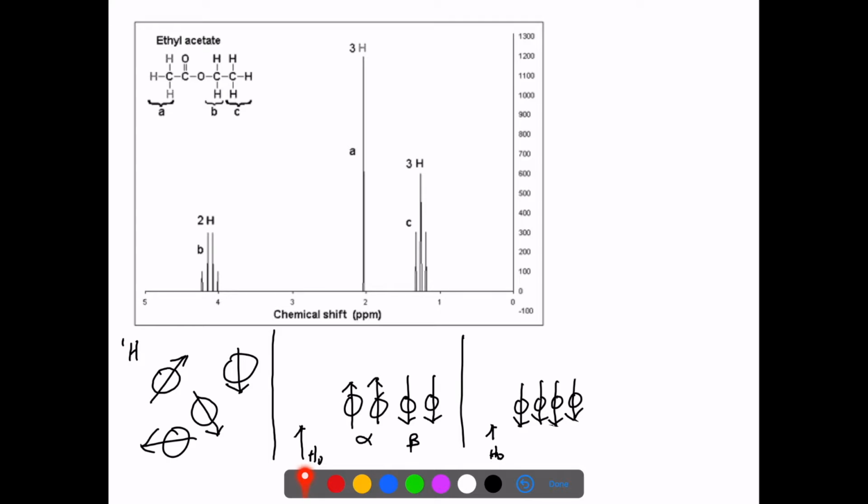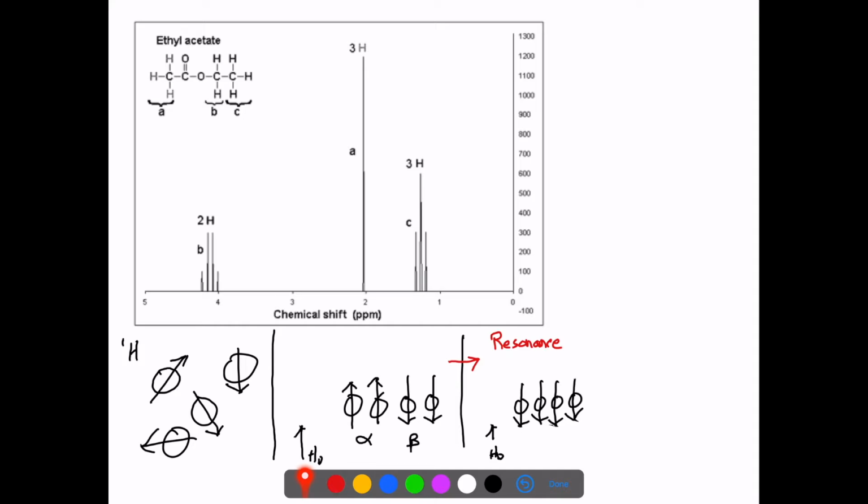Also remembering that because these carbons and hydrogens are in different environments, they have different groups next to them, the radio frequency that's needed to flip these into that orientation will differ. Also, let's remember that this term that we use for the energy that's flipping from this mixture of alpha and beta to all beta, this concept is referred to as resonance. So we might say that we can bring the alpha nuclei into resonance with the beta, so that they're all the same spin and that type of thing.